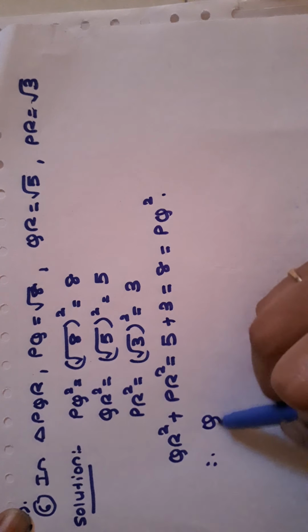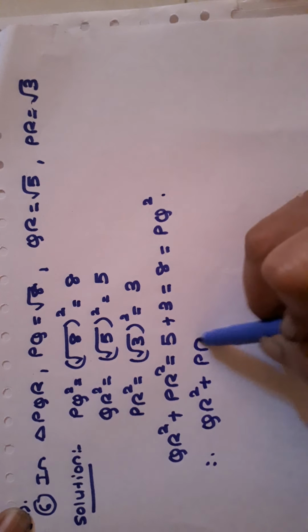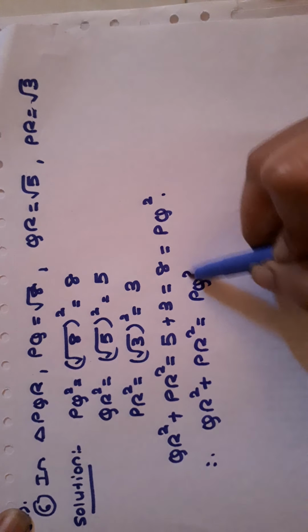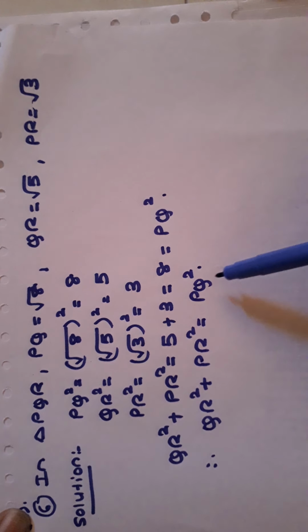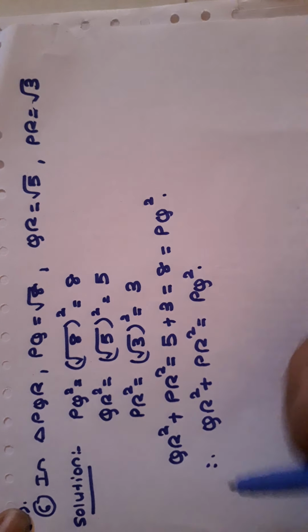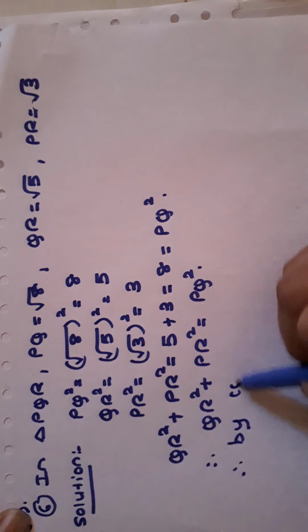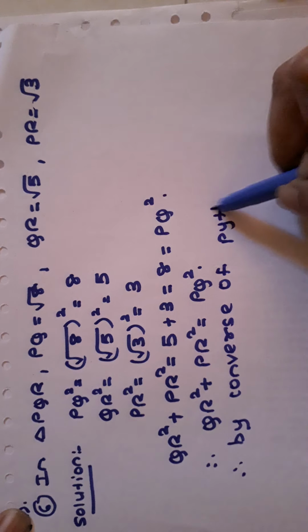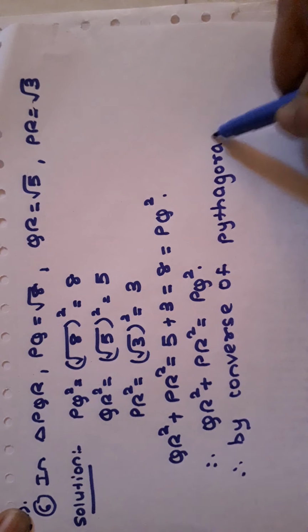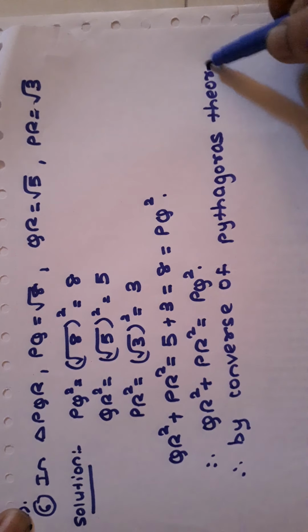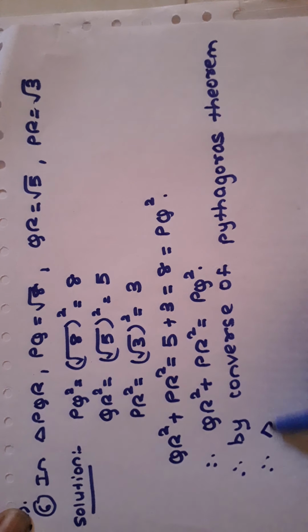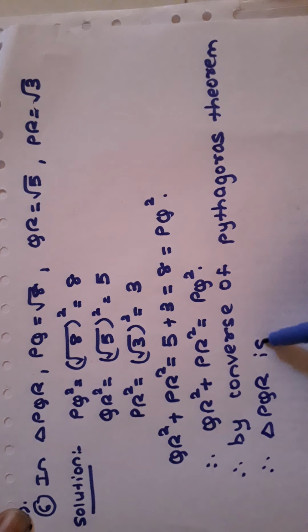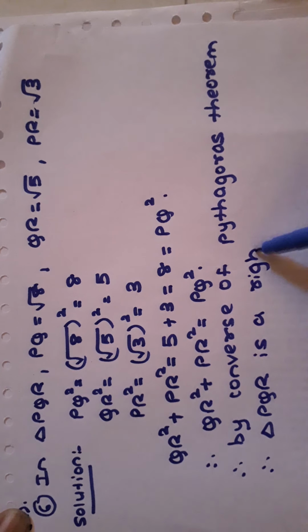So therefore QR square plus PR square is equal to PQ square. And this is nothing but Pythagoras theorem. So that means triangle PQR satisfies Pythagoras theorem, and therefore by converse of Pythagoras theorem, triangle PQR is a right angled triangle.